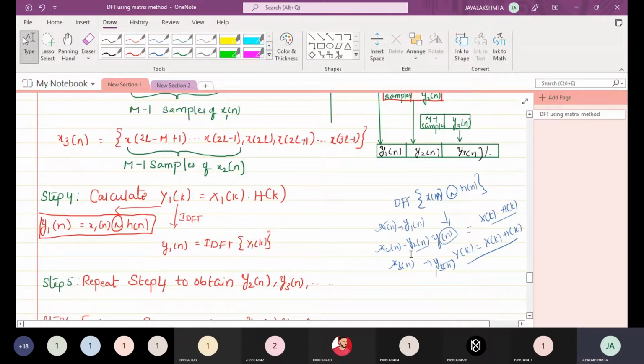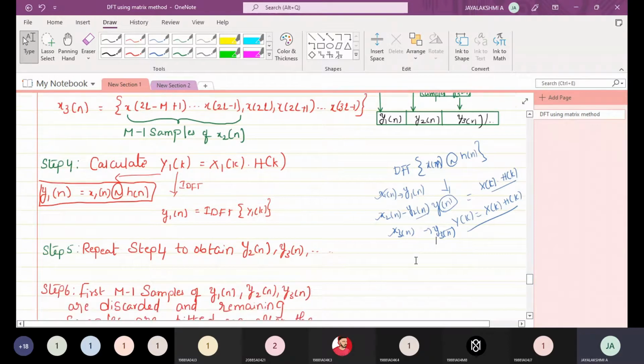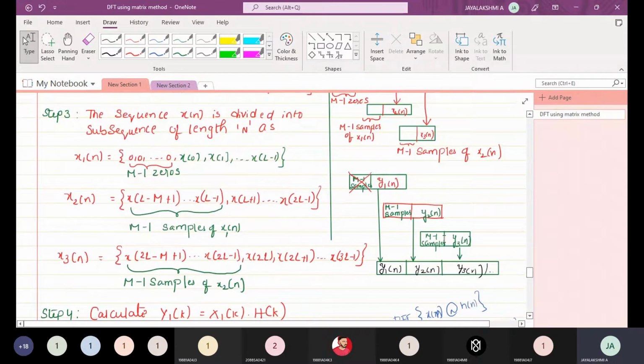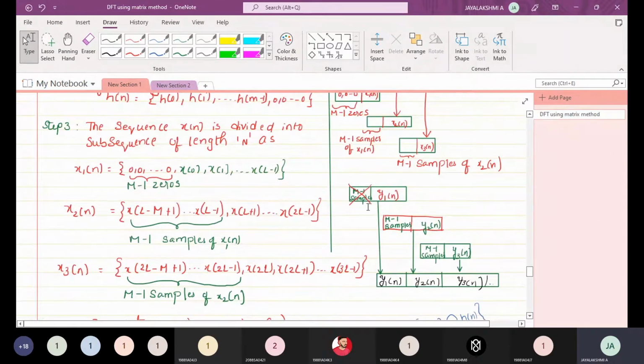After getting y1 of n, y2 of n and y3 of n, see this diagram, you can understand easily. You have to remove m minus 1 samples from y1 of n, m minus 1 samples from y2 of n, and m minus 1 samples from y3 of n, then combine them to get the new sequence y of n.